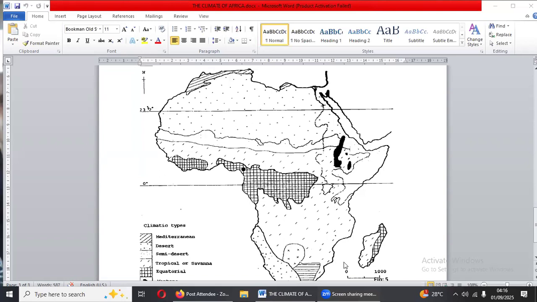As we can see on the map that I'm projecting right now, it also indicates that we have desert type of climate in the northern parts of Africa, meaning that wherever there is a specific type of vegetation, there is a relevant type of climate, because climate influences the type of vegetation in an area.